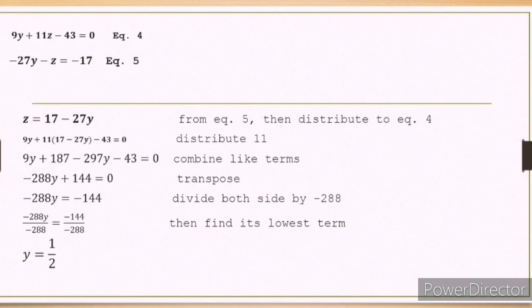Then multiply by the quantity of 17, then 11 must be distributed.